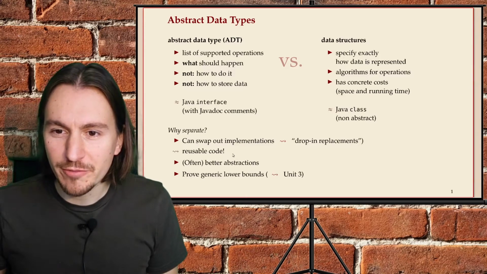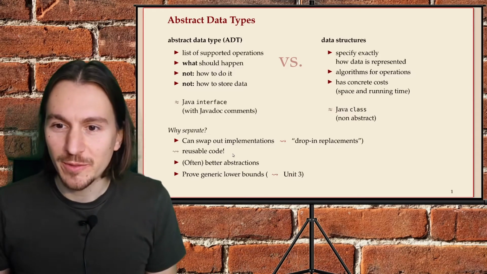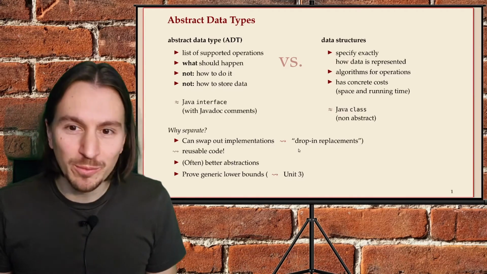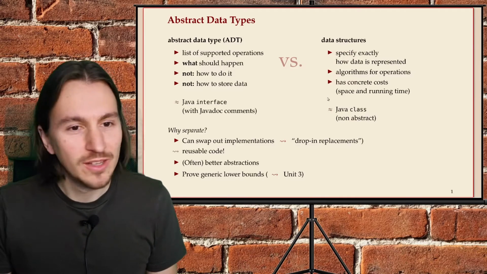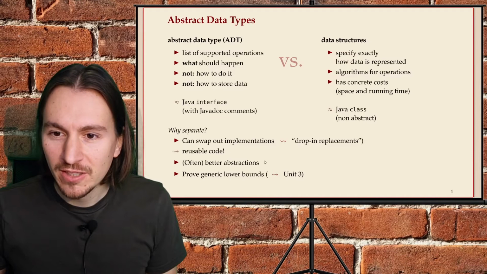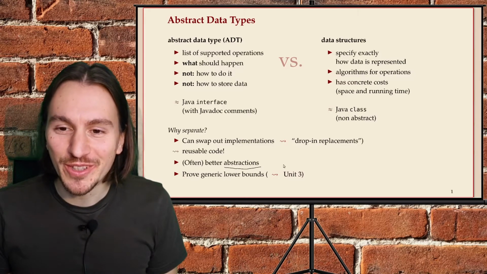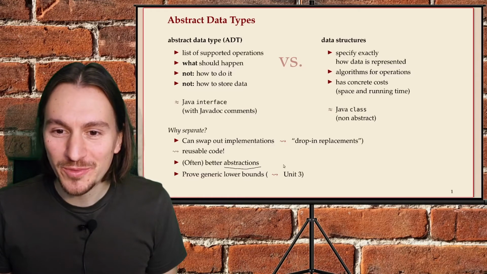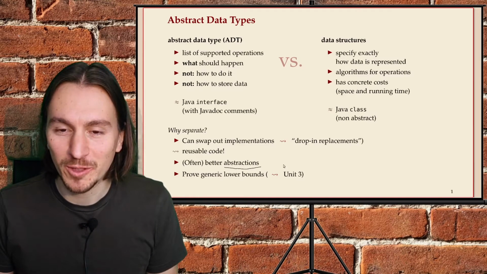That makes code more reusable, both on the client side that uses a data structure or an abstract data type, and on the implementation side of a specific abstract data type. You can create linked lists once and use them wherever you need them. It's also helpful because it often allows better abstractions, and I think it's underappreciated how much that helps to build programs and to understand a task at hand, a computational problem.